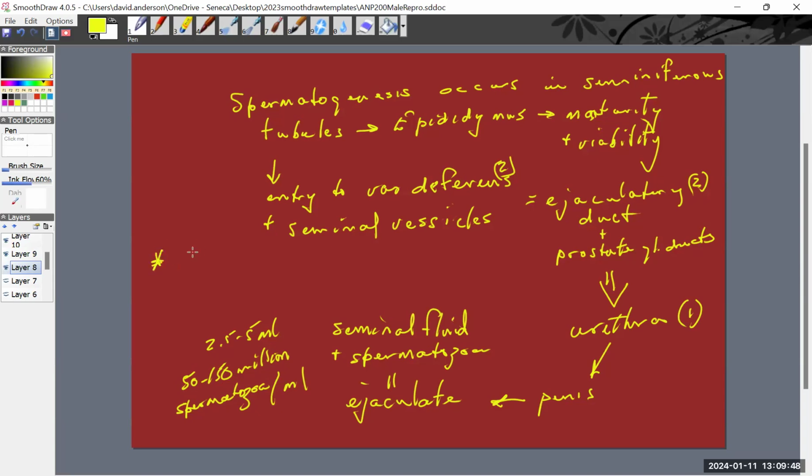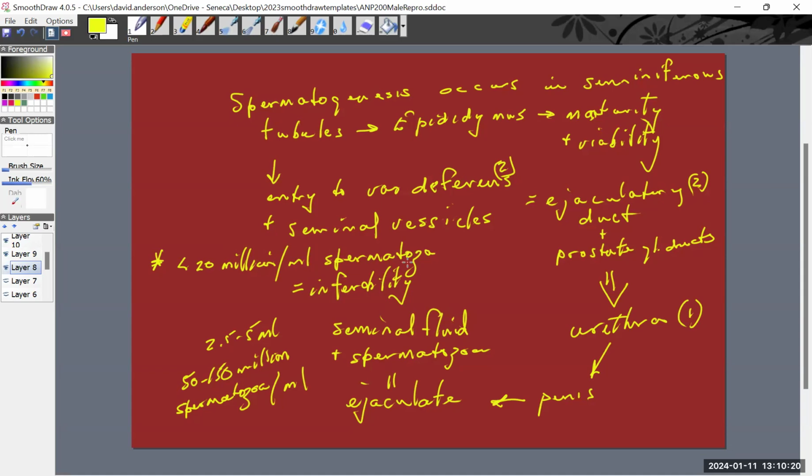So less than 20 million. So that's going to give you an appreciation of the number of spermatozoa that are going to be required for fertilization to occur.